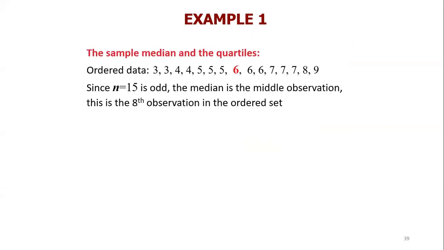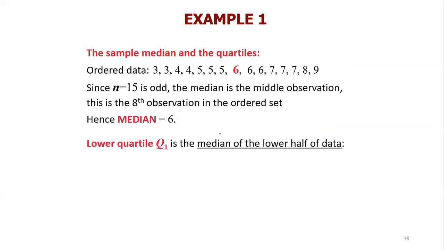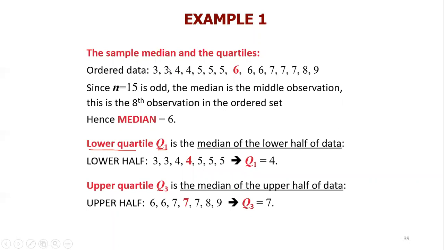Now, what is the quartile? You have two quartiles. The first one, Q1, or the lower quartile, is the median of the lower half of the data. So this part is the lower half, and this is the upper half.